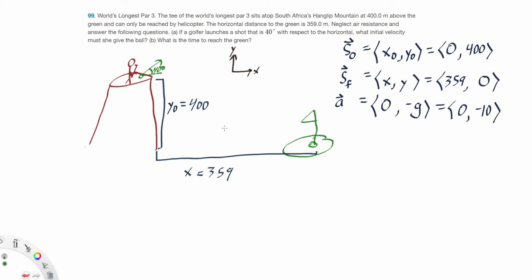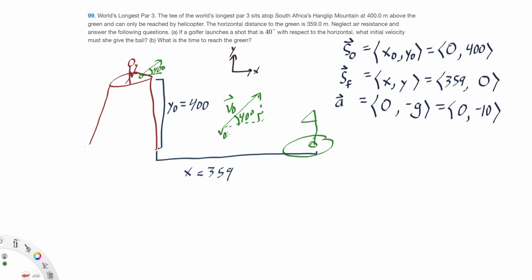So I'm going to draw this triangle a little bigger. This is our initial velocity. Angle's 40 degrees.